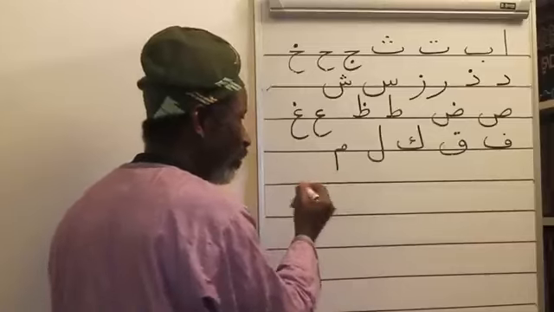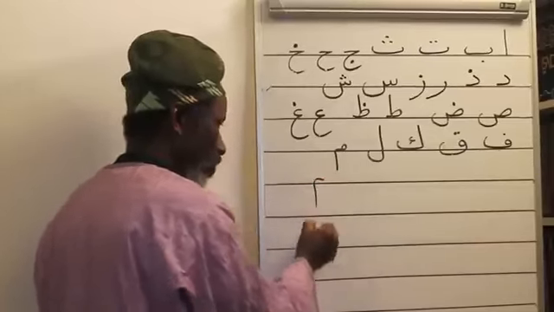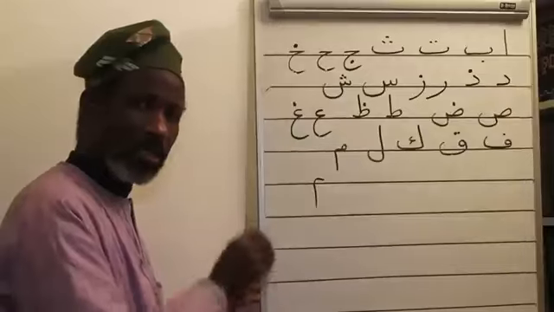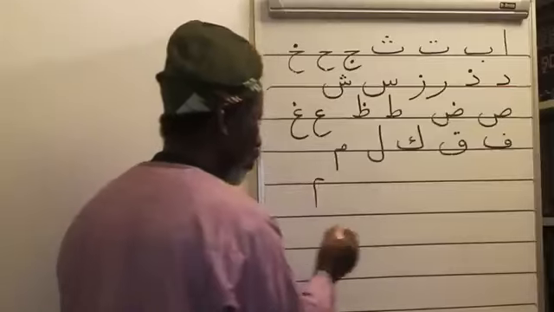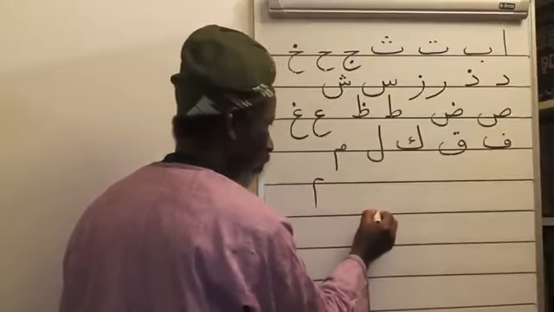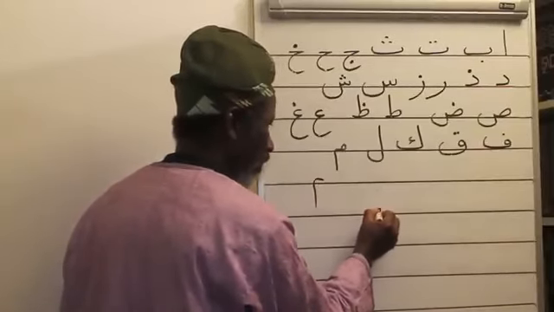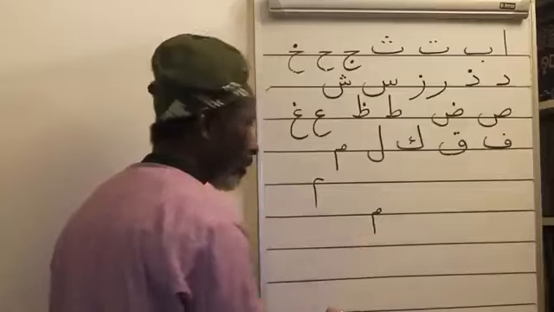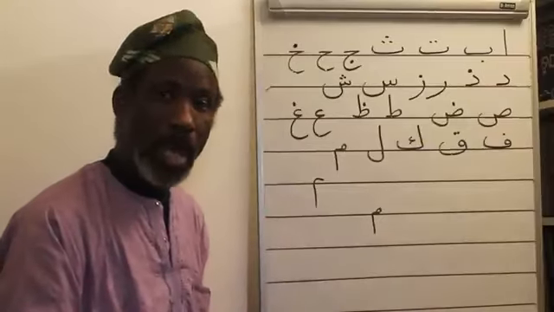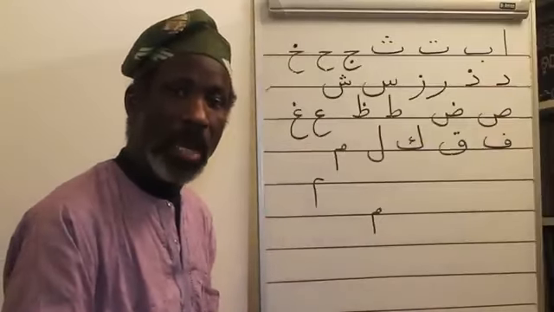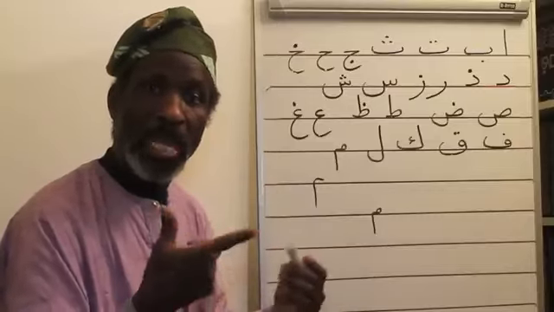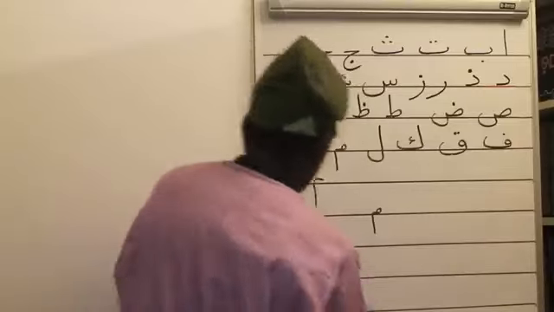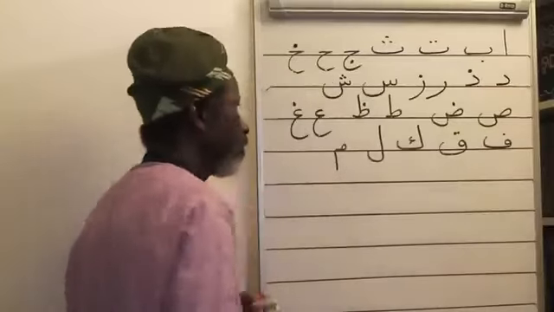The last movement is this drop, except that you are starting from the top, doing the head first. One more time: you go right, clockwise, and drop, and that's your Mim. So we have Lam, Mim.